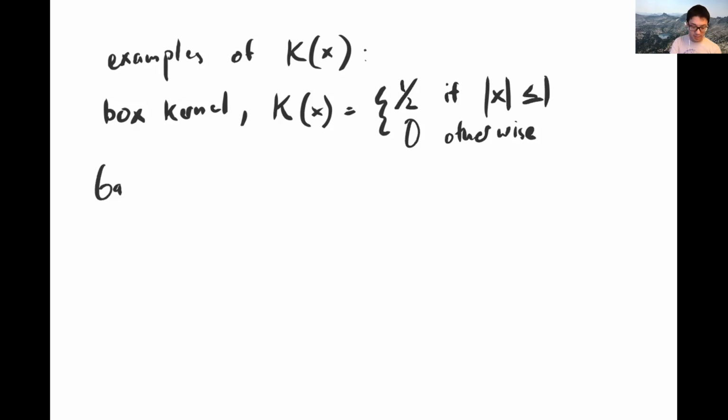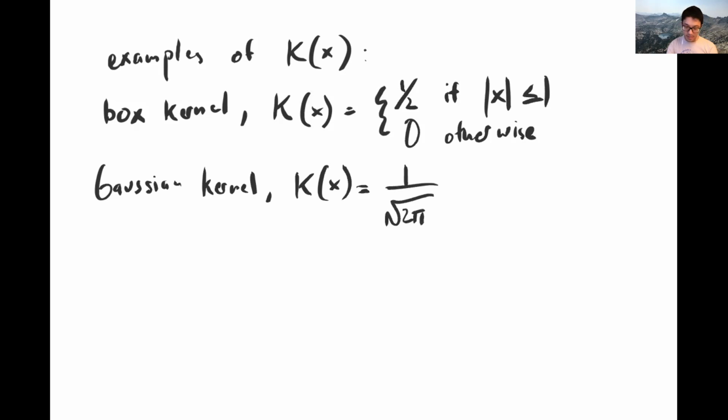You've got a Gaussian kernel, which as you can imagine looks kind of like a normal distribution. So this is 1 over the square root of 2 pi times exp of negative x squared over 2.